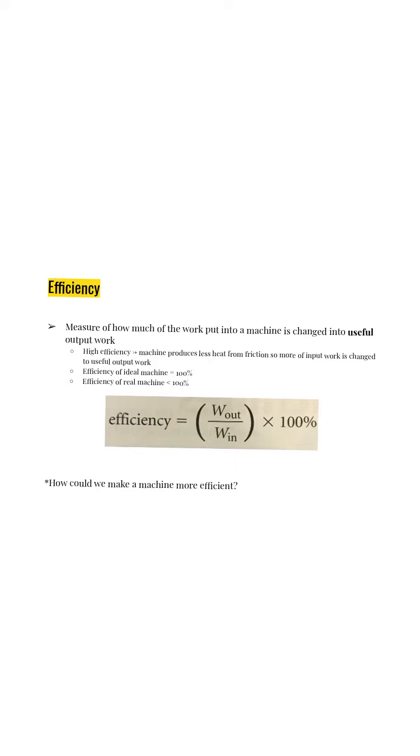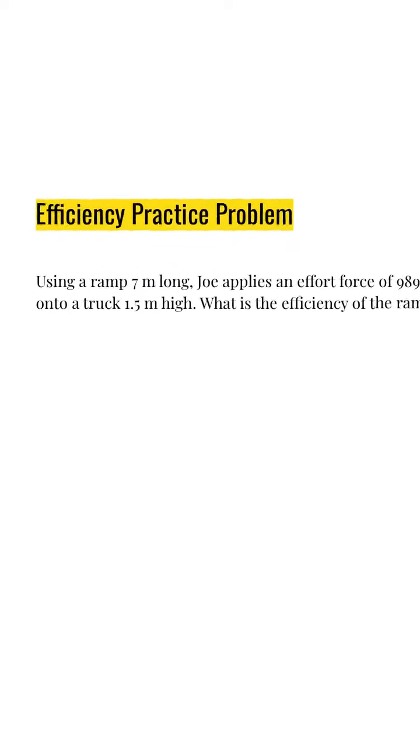We're going to do an example with efficiency on this next slide. So we're using a ramp 7 meters long. Joe applies an effort force of 989 newtons to move a 1500 Newton box onto a truck 1.5 meters high. What is the efficiency of the ramp?